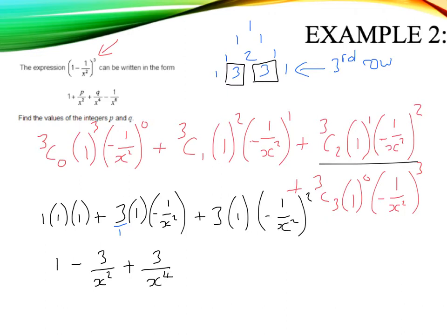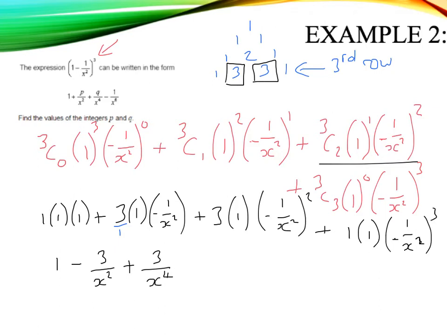Last term is we've got plus 3C3, which is 1, multiplied by 1 to the power of 0, which is 1, multiplied by this horrible looking thing now. So minus 1 over x squared, all cubed.